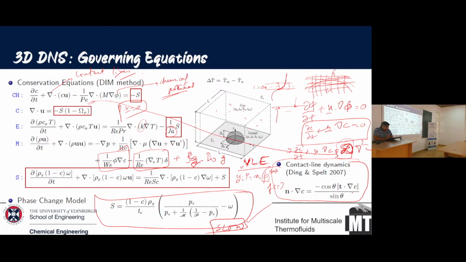But with the Cahn-Hilliard method, you cannot switch from a pinned contact line to a dynamic contact line. You can do only one at a time. We have actually done a hybrid, but it's basically just for animations and fun. Physically, it's not correct. So this is the method that we use.